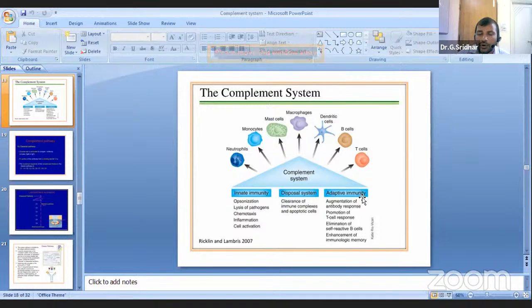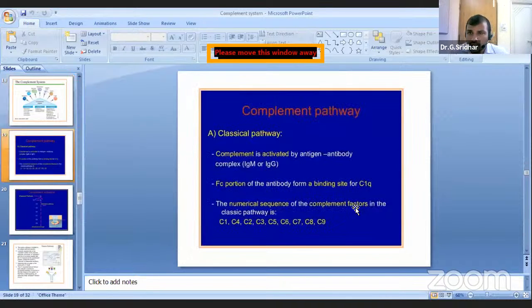Then adaptive immunity: augmentation of the antibody response, production of T cell response, and enhancement of self-reactive T and B cells.